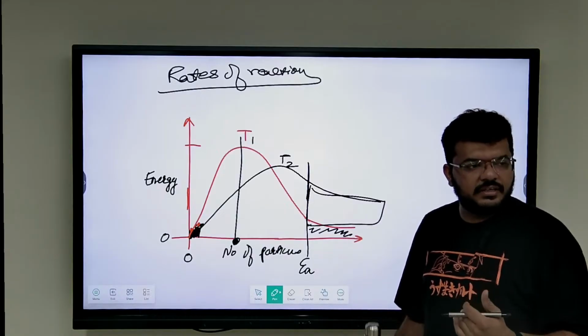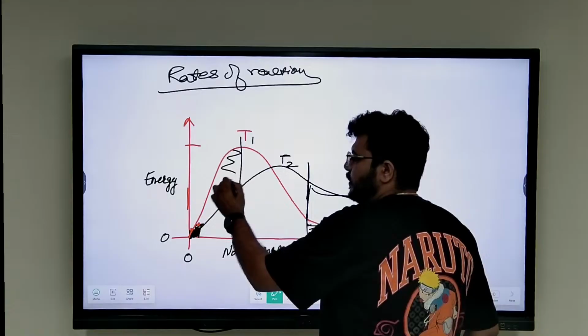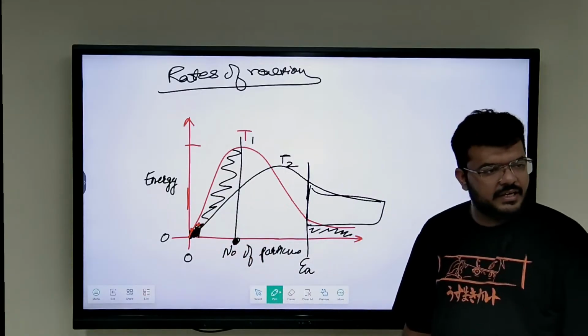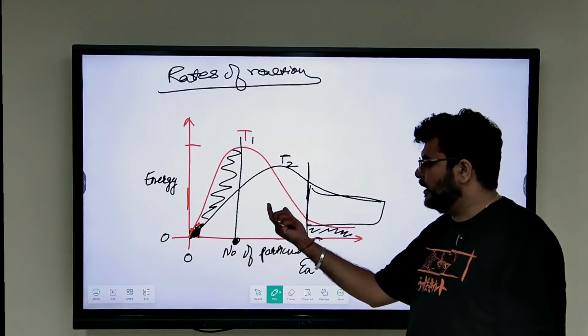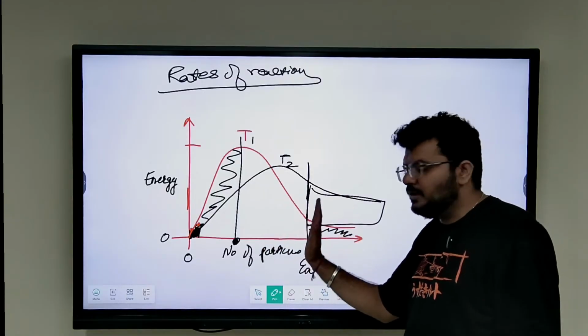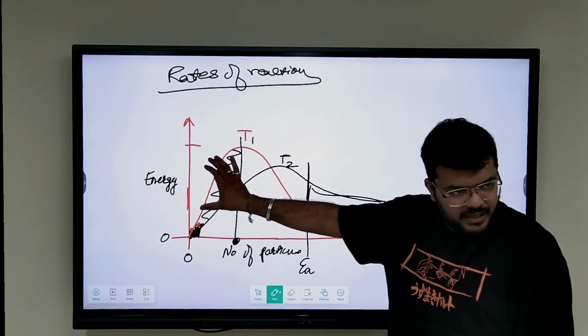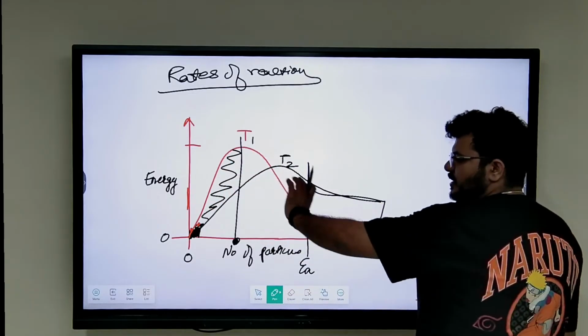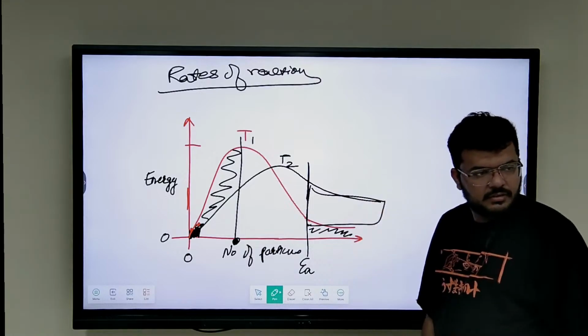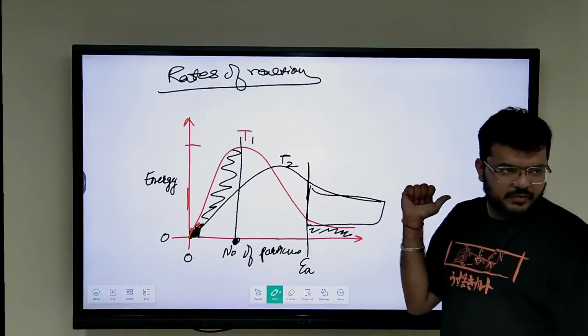Now the particles that had very little energy, think about these particles. Instead of particles that already had energy gaining more, which is less probable, particles that did not have much energy will gain so much energy that they come all the way over here. This is how the curve changes a little bit downwards and rightwards.